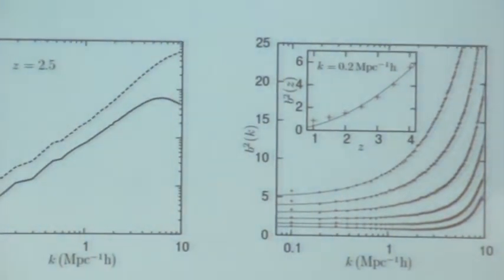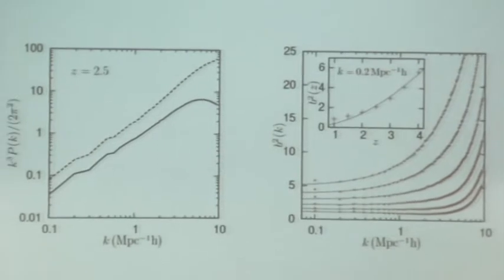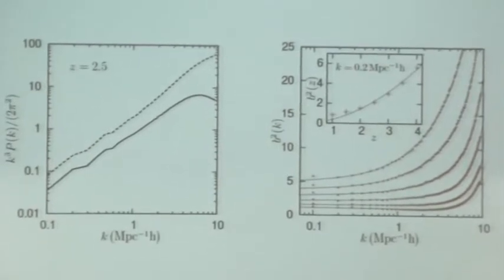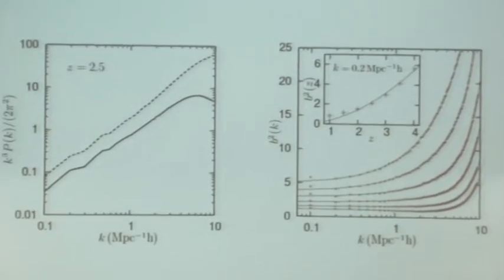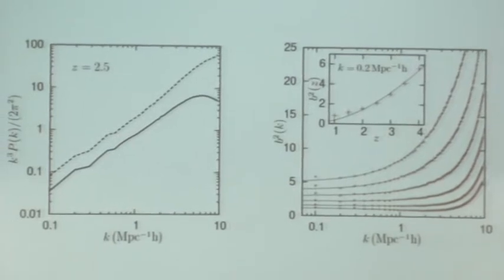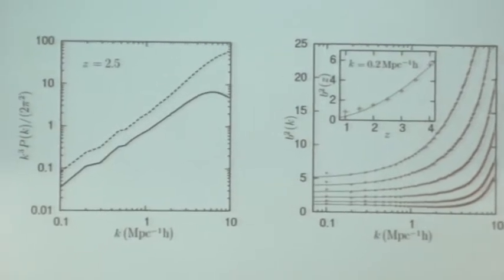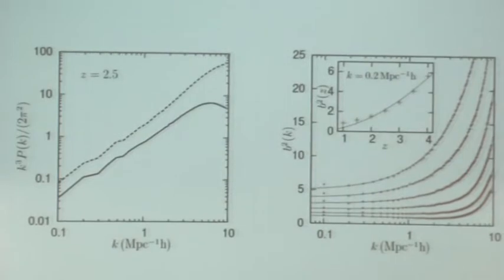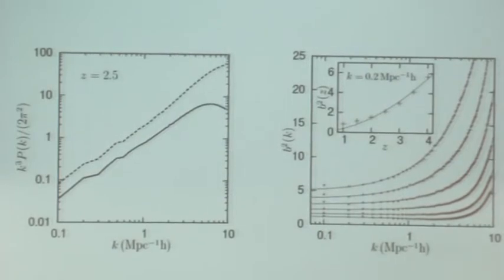Then it also puts in the gas and looks at the power spectrum of the gas, and finds a ratio. You can still clearly see that the gas power spectrum, which is the dotted line, is tracing the dark matter power spectrum till quite large values of K. Large values of K imply small scales. So only at very small scales can you see a departure taking place.